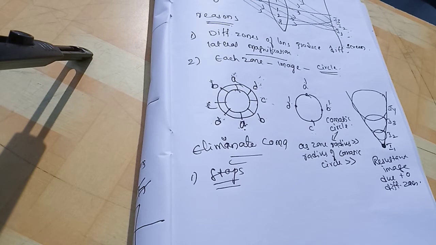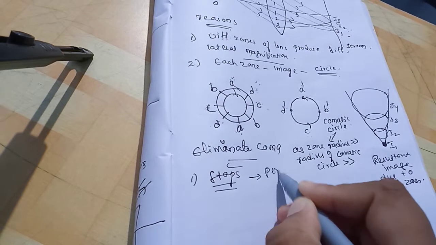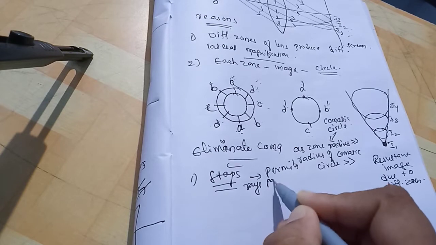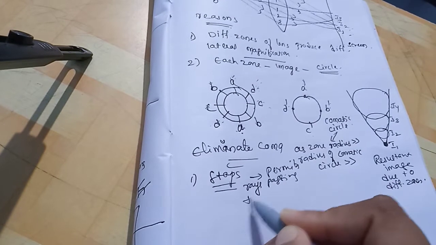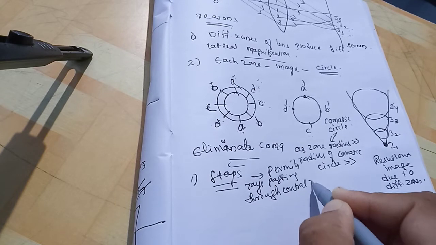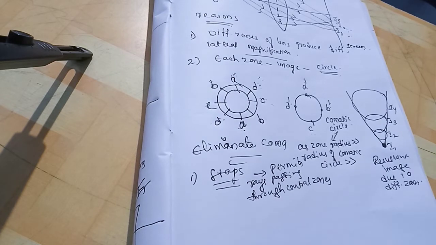So in such a way we can minimize this coma. It just permits the rays passing through central zones and stops the rays passing through outer zones.